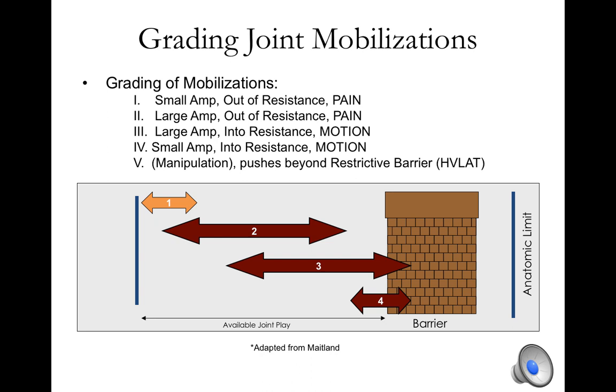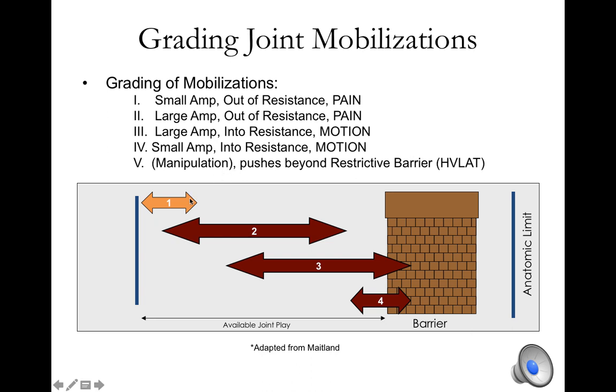In the case of a restriction, such as a contracture or an adhesion in the joint capsule, the restrictive barrier is formed, and what we see as therapists is abnormal movement. You should note that just before the restrictive barrier, slight resistance to the motion is perceived by the provider or the physical therapist. Recognition of the restrictive barrier is an important point in being able to gauge the grade of the technique.